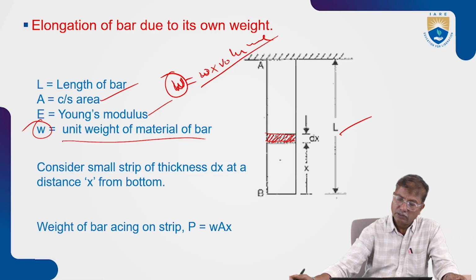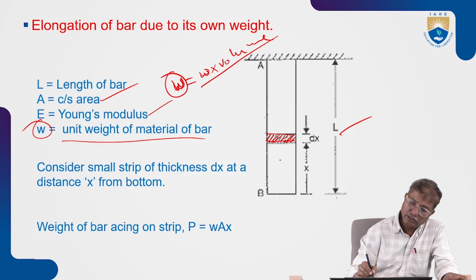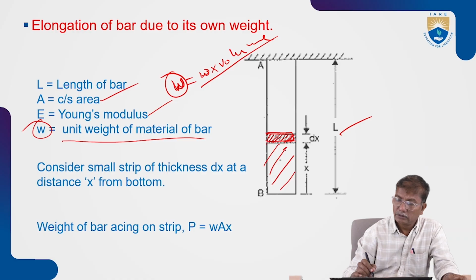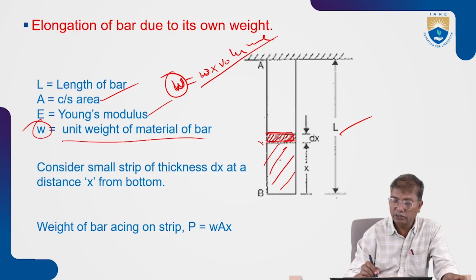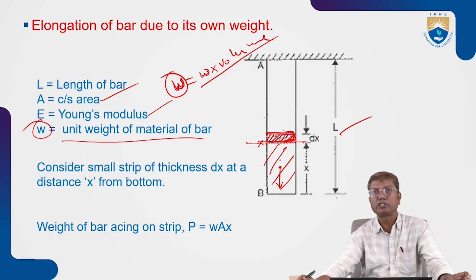Okay, it means on this element the weight of the hatched portion, so you call this section x, the portion below this section will be causing the elongation of this elemental strip.